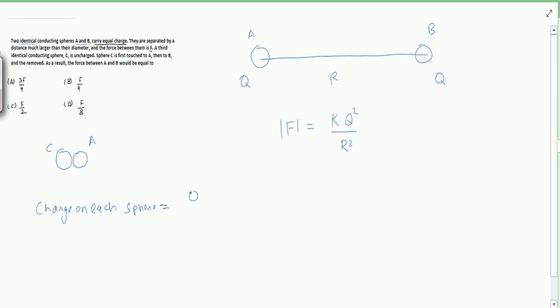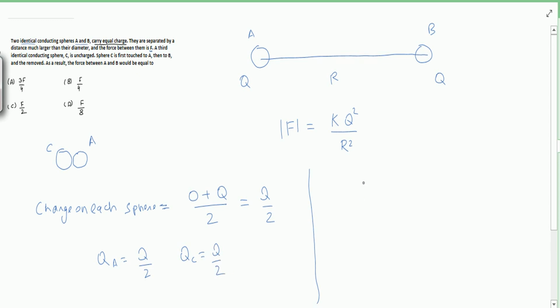Charge on C was 0 because it was uncharged, and charge on A was Q, so the charge on each sphere will be Q by 2. So QA becomes Q by 2, previously Q, and QC is also Q by 2.